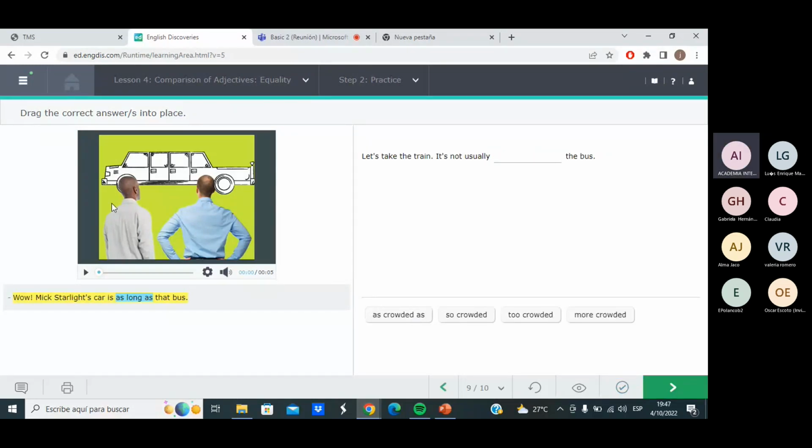Number 9. Let's take the train. So now, can you read this one and complete the sentence? Let's take the train.